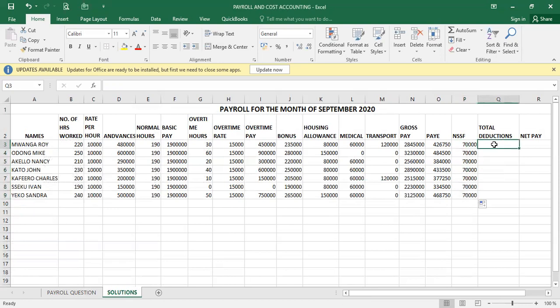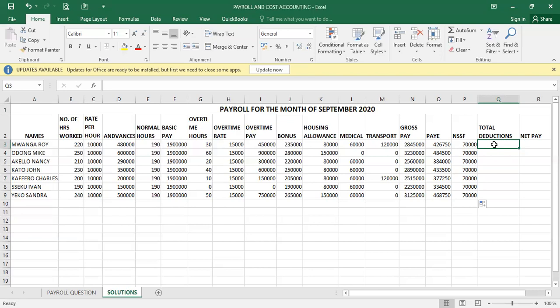Then when we go to the deductions, we add the statutory deductions and the non-statutory deductions. Some non-statutory deductions may be a salary loan, which is deducted from someone's salary at source.